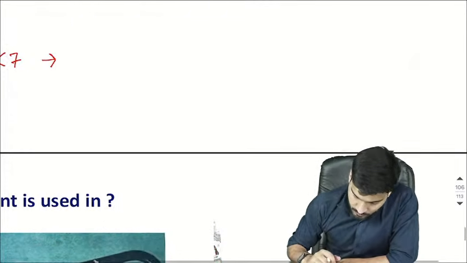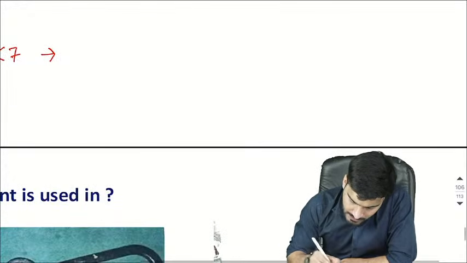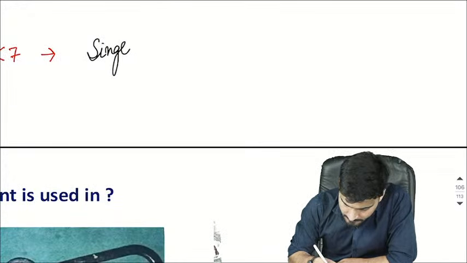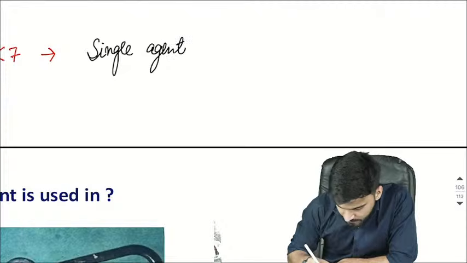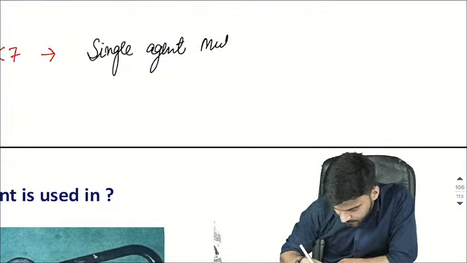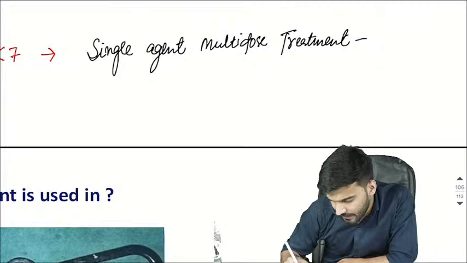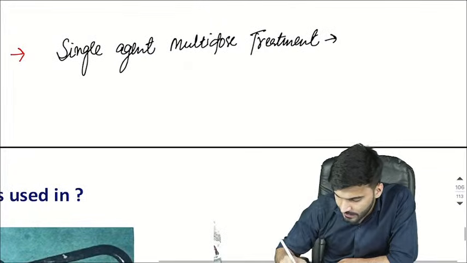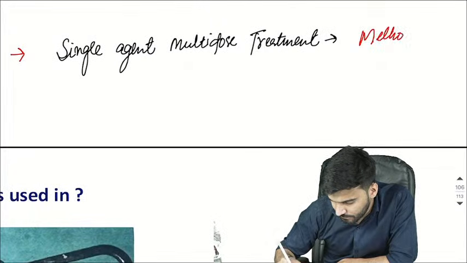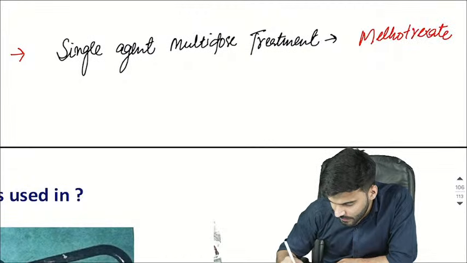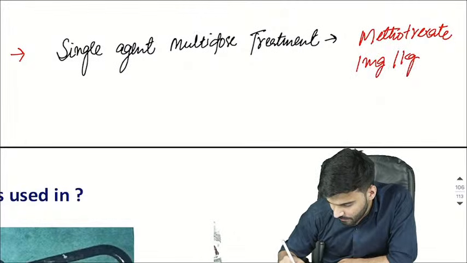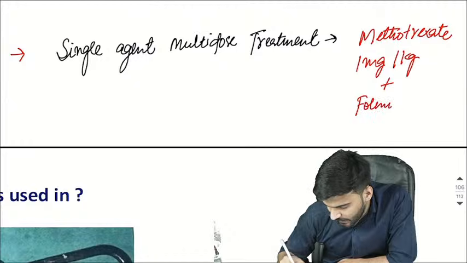Think of one drug only, you will give single agent multi-dose treatment, and that is going to be methotrexate, 1 mg per kg plus folinic acid.